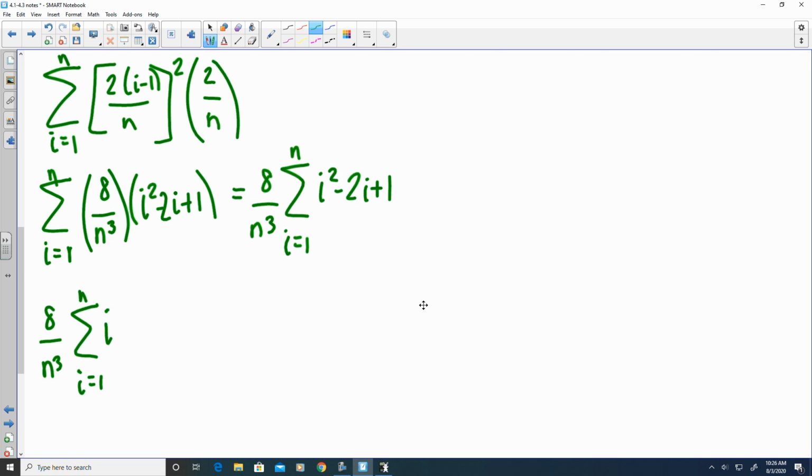I'll split this up so we can see what we're doing: i squared, 2i. I'm actually going to bring the 2 out as well to be with the 8 here to make 16, since our substitution is really just for i.